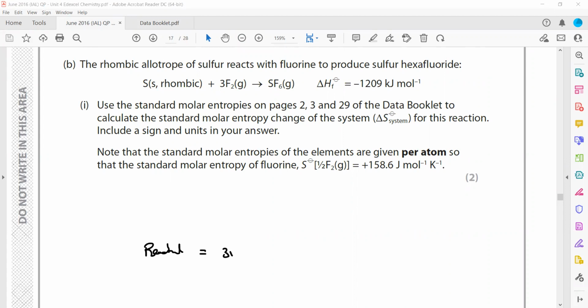For the reactants, that is 31.8 plus 3 multiplied by the value for fluorine. The molar entropy for fluorine is given, but how many are there?